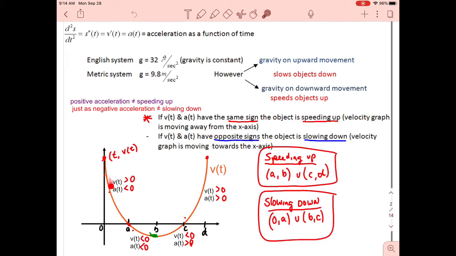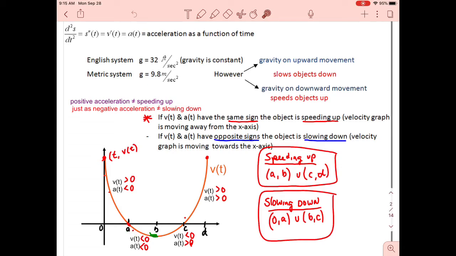So here's a situation. Here's a velocity graph. Here, the velocity is a positive value because it's above the x-axis, but the acceleration, which is its derivative, is a slope, and that's going to be negative. So they don't have the same sign here. Here, the velocity is negative because it's below the x-axis. This is a velocity curve, this whole thing.